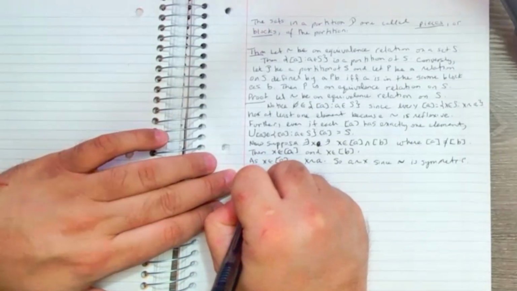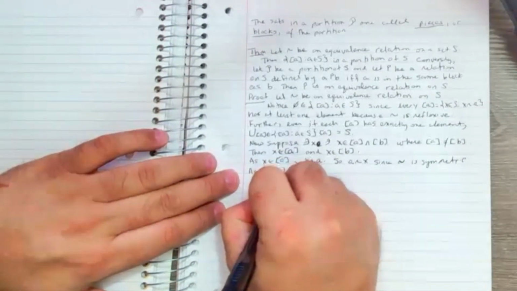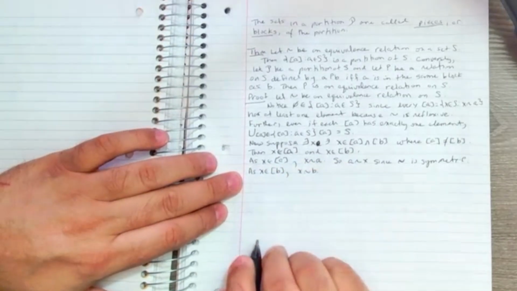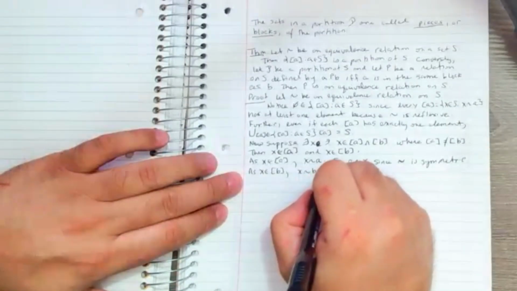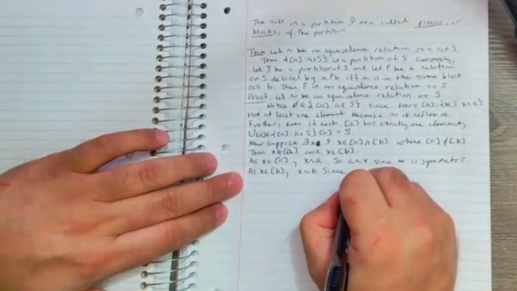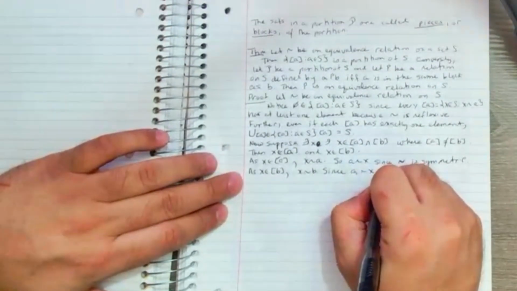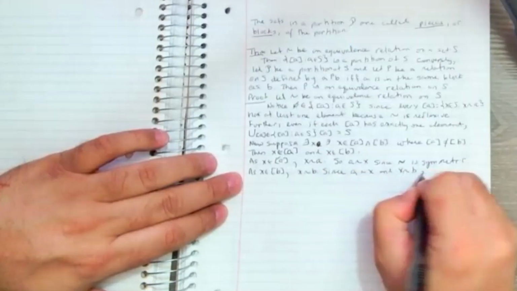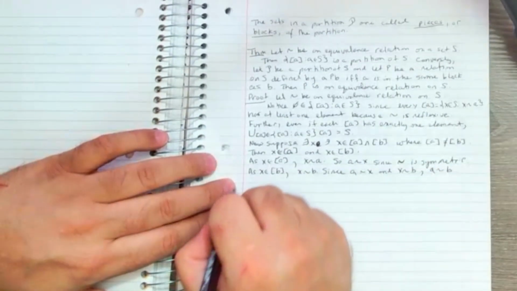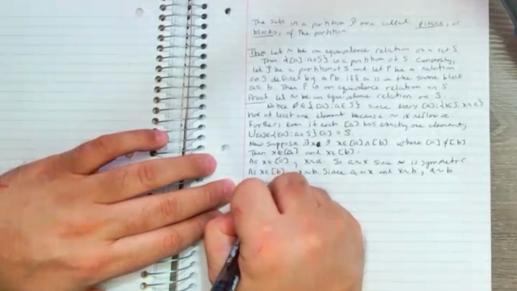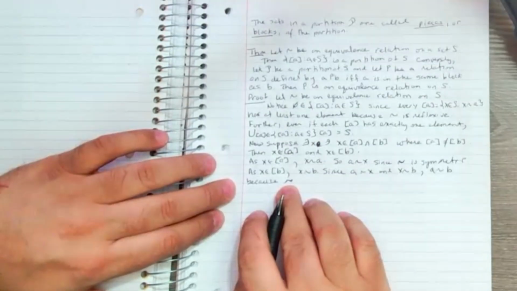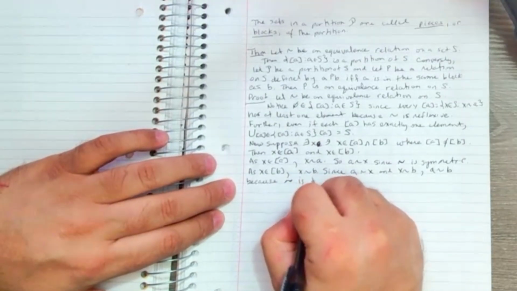And as X is in the equivalence class for the element B, X is related to B. And since A is related to X and X is related to B, A is related to B because the relation tilde is transitive.